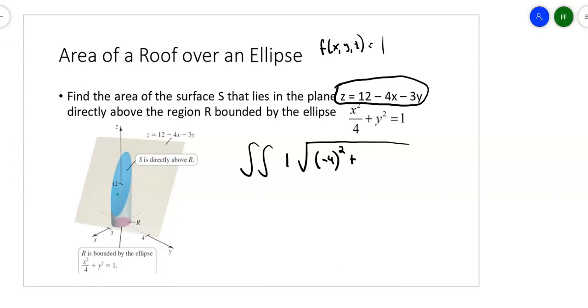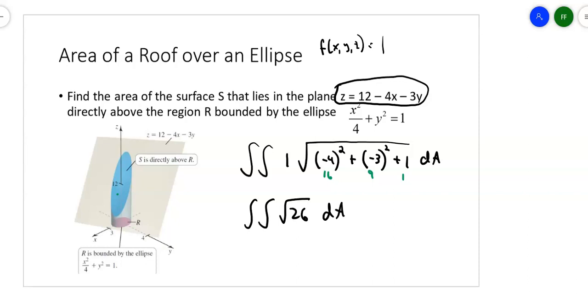Then the partial derivative with respect to y gives me negative 3, and I square it, plus 1, integrated over the area of the base. So if I do a little quick math here, 16, 9, 1, that gives me 26. So I'm looking at the double integral of the square root of 26 integrated over the area.